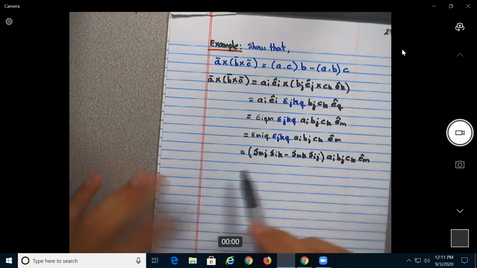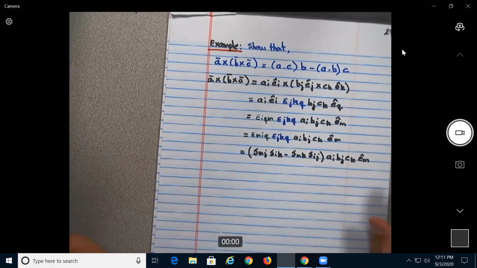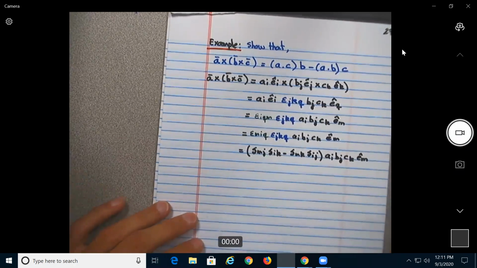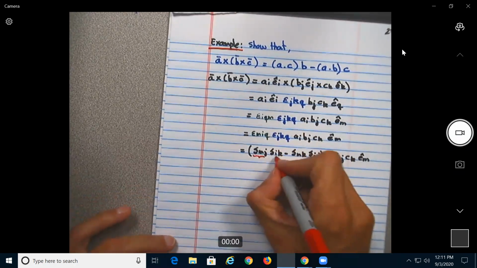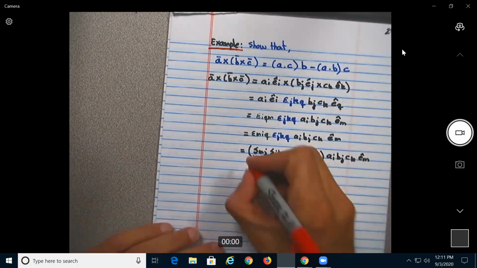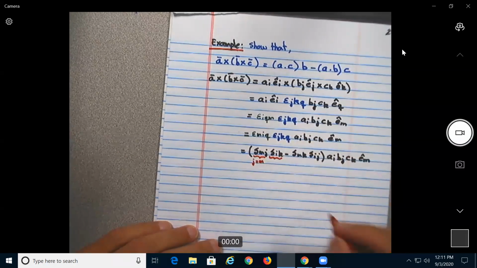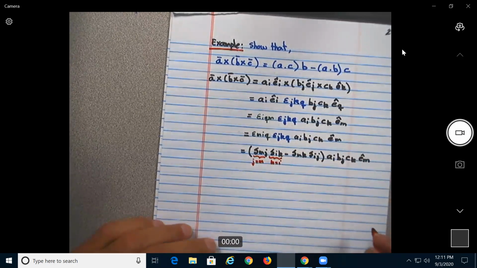Okay, so now there's two ways to proceed from here. I'm going to show you the one I generally do, okay? And then I'll show you the other one on the page, and if you want, we can do it. If you don't want, we cannot do it. But basically, what do we get from this? These two terms over here, the only way that it will be different than 0 will be if j equal m, and k equal i, all right?